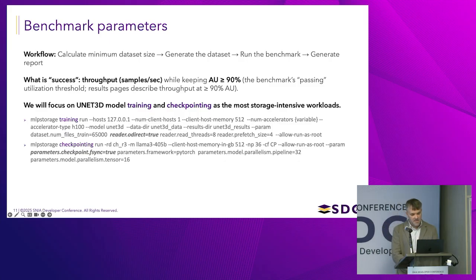What does success mean? In terms of the MLPerf Storage benchmark, success means that we can provide a simulated GPU with storage throughput measured in samples per second, while keeping average GPU utilization at more than 90%.